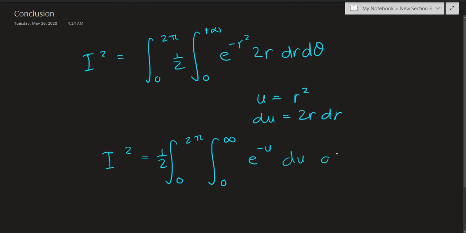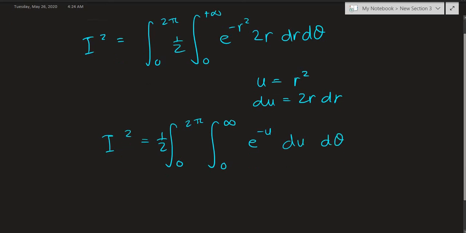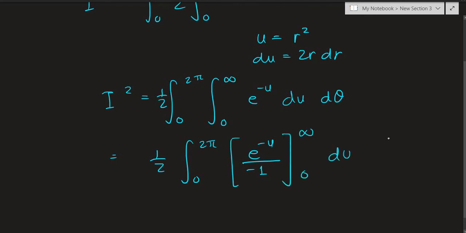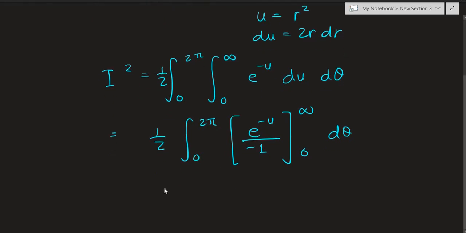So du d theta, and the inside function can be integrated easily. So half of the integral from 0 to 2 pi of e raised to negative u divided by the coefficient of u, which is negative 1, evaluated from infinity to 0, and the d theta term.